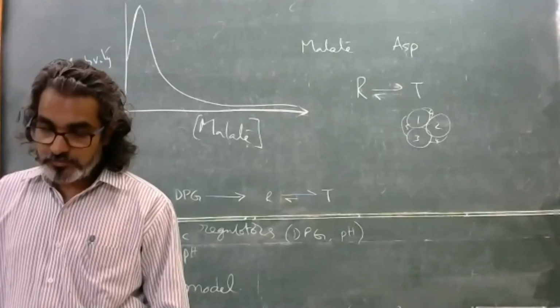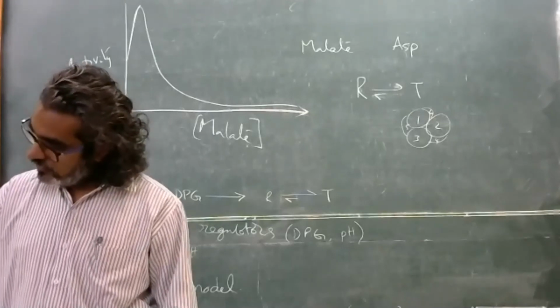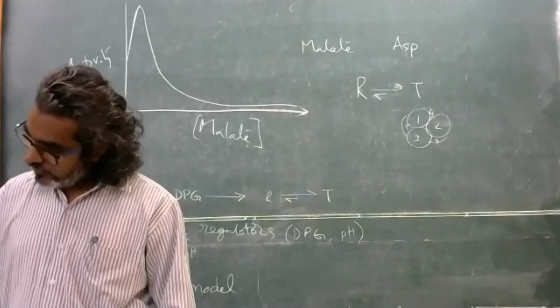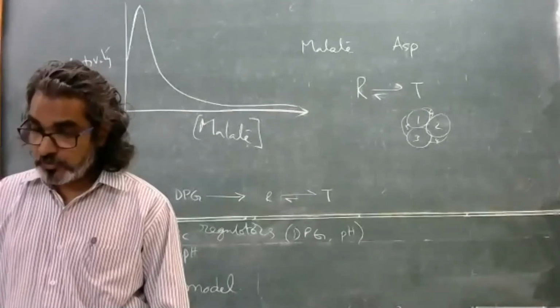There are, in fact, very complex models available. For example, Cantor and Schimmel, which I like, is actually written by physicists. So it's a physics approach to enzymatic analysis.